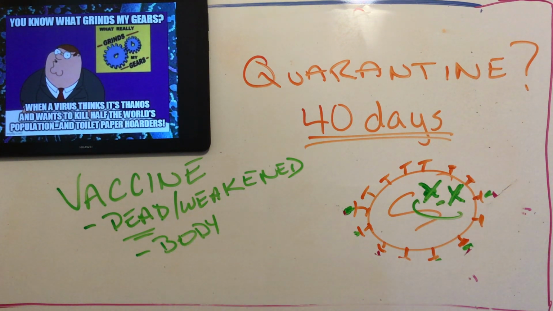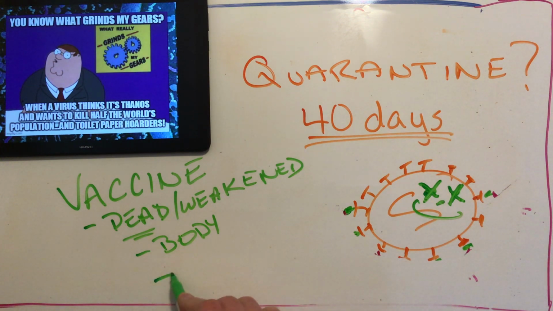And what happens is our body reacts like it's the real thing. It's like, oh my God, it shouldn't be here. Take the picture, make the antibodies, immobilize a response. Quick, quick, quick, do what you can. The good thing about a vaccine is because the viral particles are dead or weakened, it's not going to make you sick. So it goes in there and it just acts as practice.